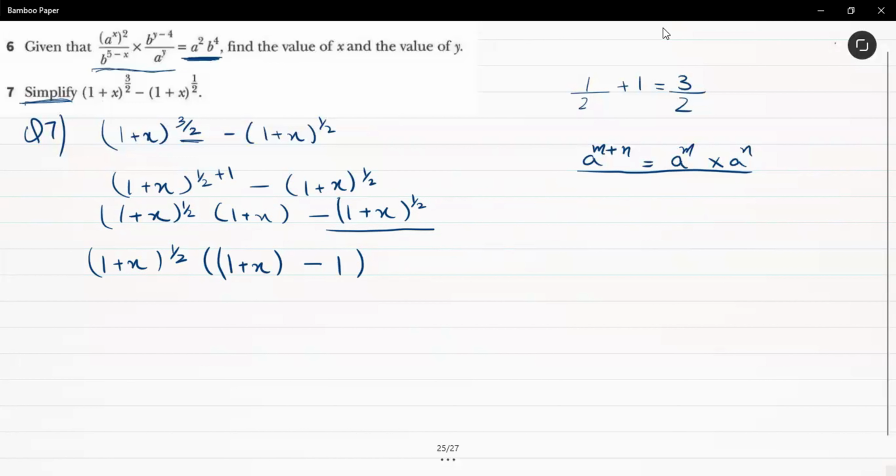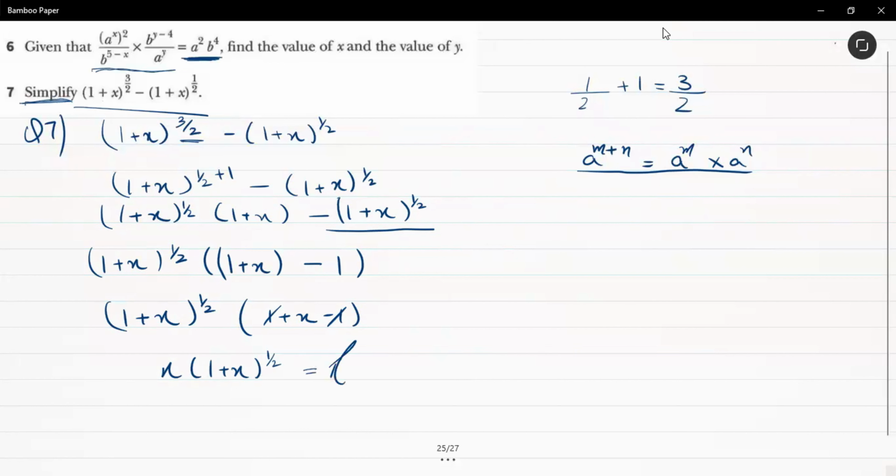So now I'm just going to simplify this, because there's no power on anything: 1 plus x minus 1. The minus 1 and positive 1 cancel out. So we get x multiplied by (1 plus x) to the power 1 over 2. That's obviously a simpler version than what the question gave us, and that's our answer for question number 7.